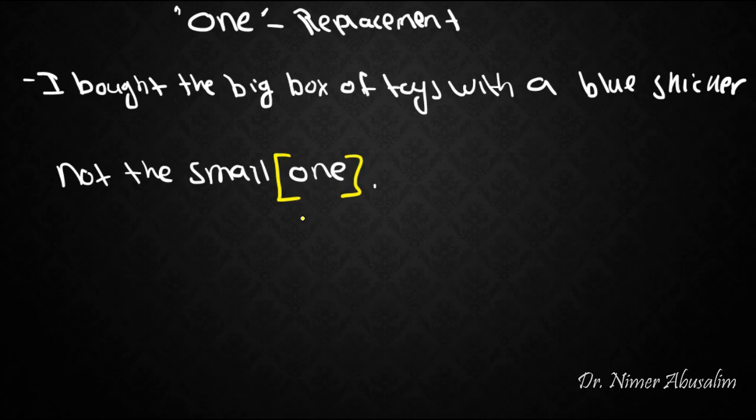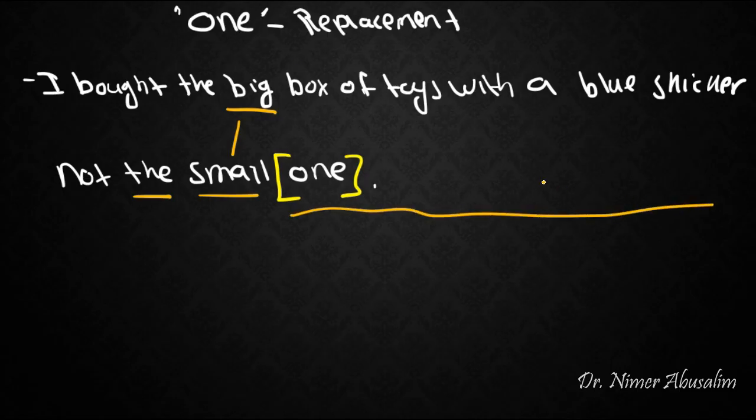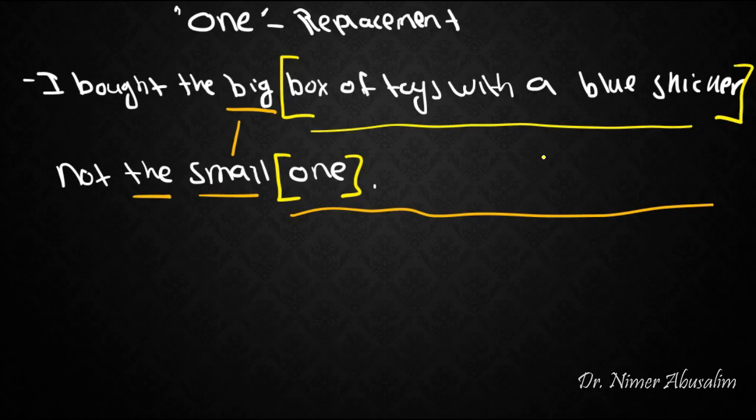One here replaces what exactly? Well, we still have the, and we have small, which is just like big, another adjective phrase. What we're missing here from the rest of the sentence is this, box of toys with a blue sticker. So this shows us that box of toys with a blue sticker forms a constituent apart from big and the. Now let's look back to our tree.